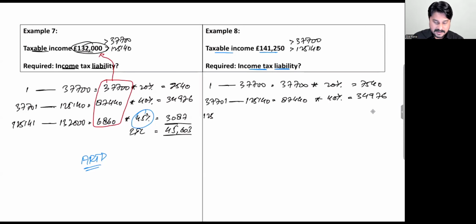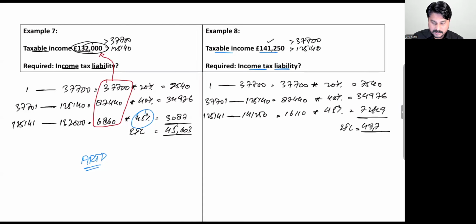On the excess amount from 125,141 to the total taxable income of 141,250, the difference is 16,110, on which the tax rate of 45% is multiplied and 7,249 is the tax liability. The total income tax liability for this example is 49,765, and the sum of these three amounts, which we have broken down according to the band limits, must be equal to your total taxable income of 141,250.